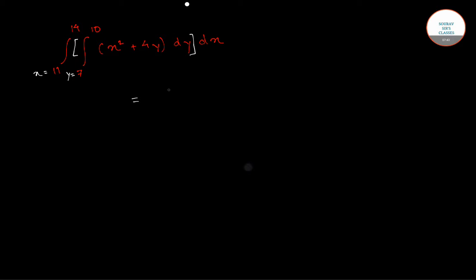So we would have the integration with x from 11 to 14. If we integrate with respect to y, we will have x square y plus 2y square, and the value of y goes from 7 to 10, dx.